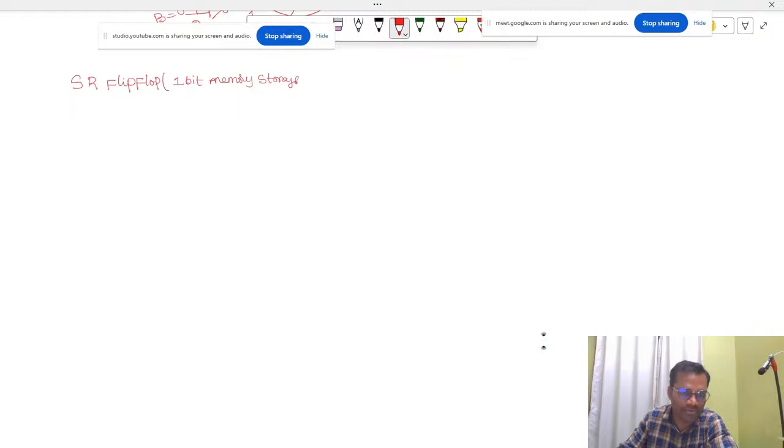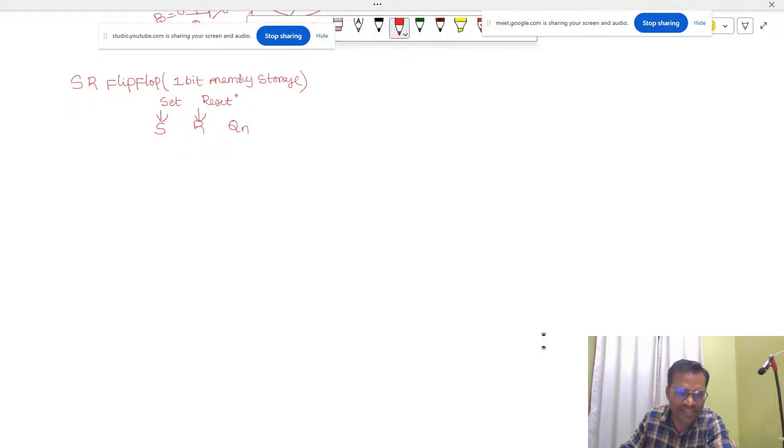Now I will show you one table. This table you remember, and we'll do the proof whether you are getting this table or not. You should remember this at any cost. If I ask you this table randomly, you should respond. Now let us see how this table is constructed. The first input is S, another input is R, and one more input is Qn, where S is called set and R means reset.